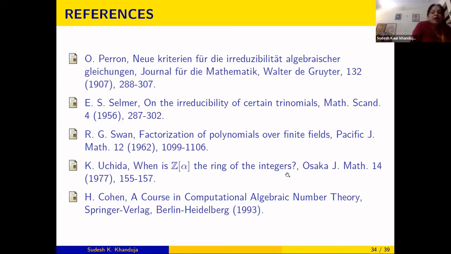That is why I have named the title of my lecture after Uchida's paper. That paper inspired me so much, written in very simple language. When is Z[alpha] the ring of integers appeared in Osaka Journal of Mathematics.